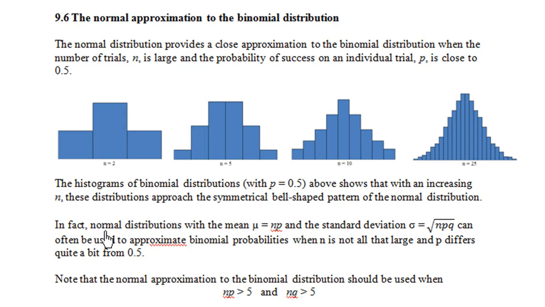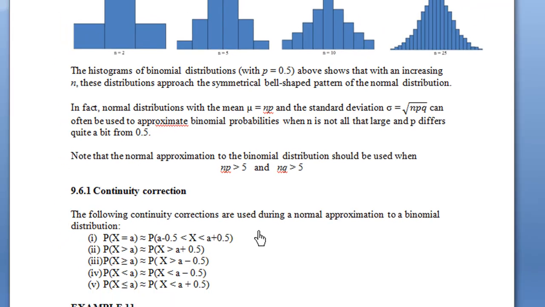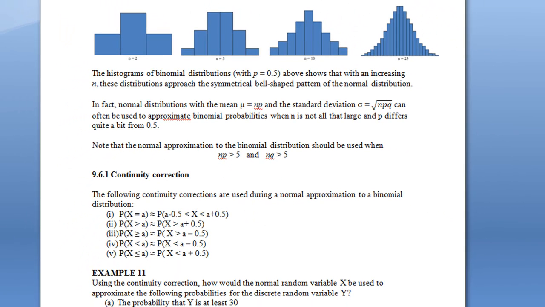In fact, the normal distribution with mean mu equal to np and standard deviation sigma equal to the square root of npq can often be used to approximate binomial probabilities when n is not all that large and p is quite a bit different from 0.5. Note that the normal approximation to the binomial distribution should be used when np is greater than 5 and nq is greater than 5. And in the process, you have to do some continuity correction, which I'm going to illustrate using this example.